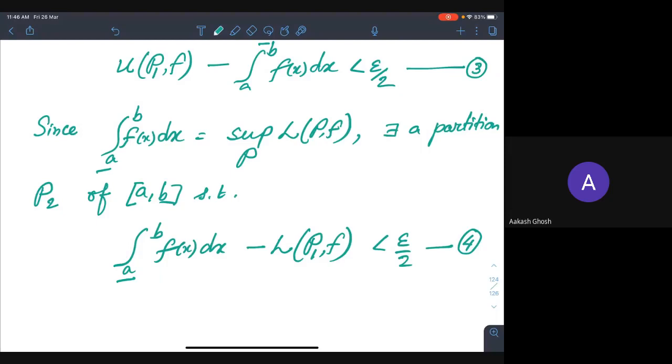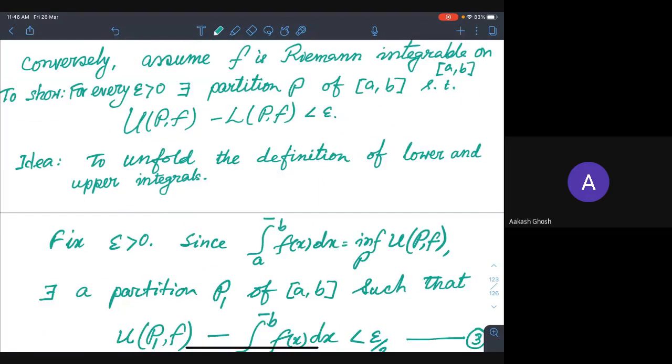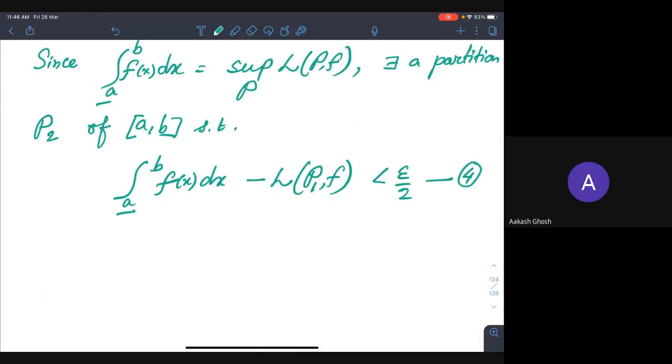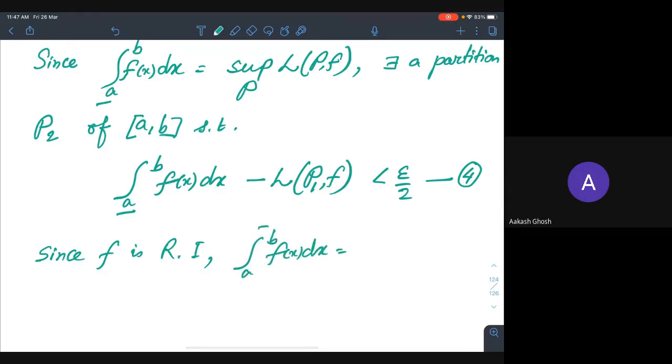Now what would you do? Since we have taken f to be Riemann integrable, the upper integral of f(x) dx is actually the Riemann integral of f(x) dx, and that is equal to the lower integral of f(x) dx.